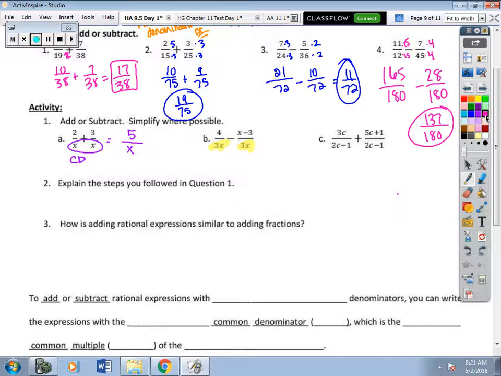Do we know how to subtract? Distribute your negative. Simplify. 4 plus 3 is 7.